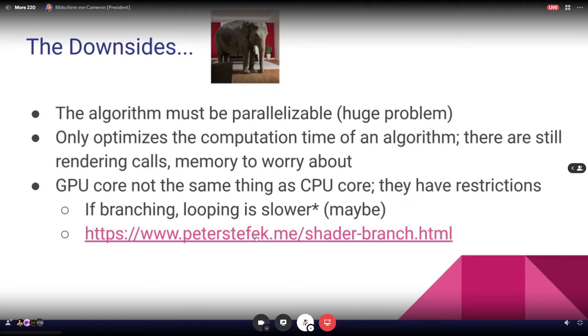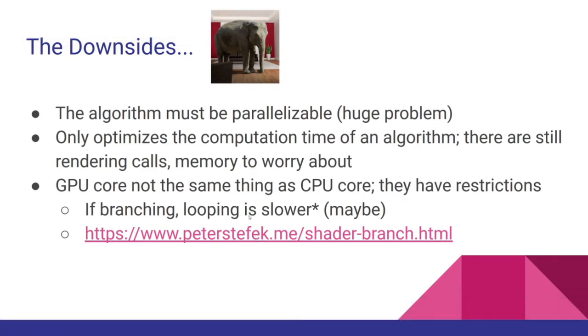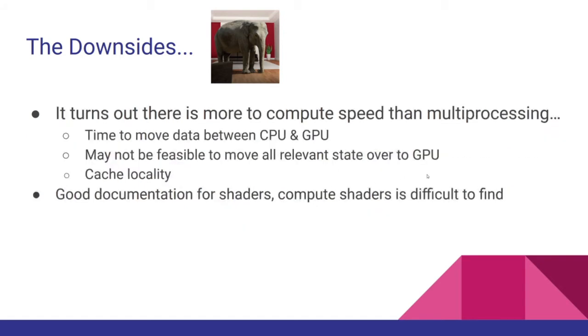If you're really interested in what the performance cost is for putting a loop in my shader, then I've linked this, and I'll send the slides over later. You can navigate here and read this great blog post where they test it out. There are some more downsides, being that there's more to speed than just multiprocessing.